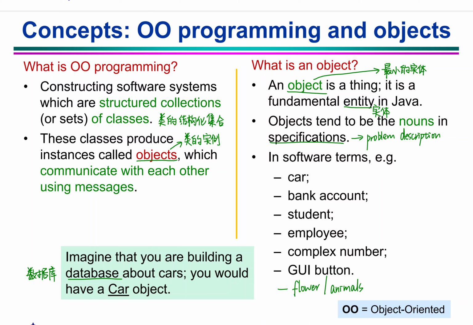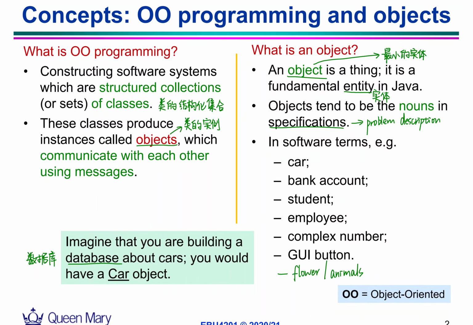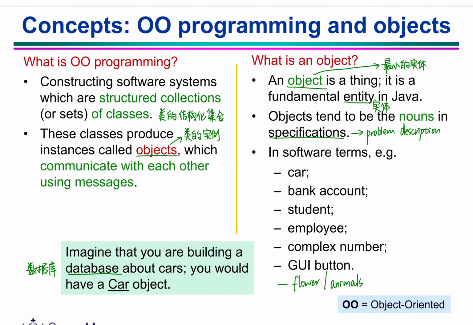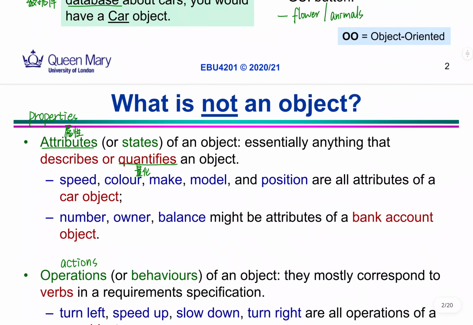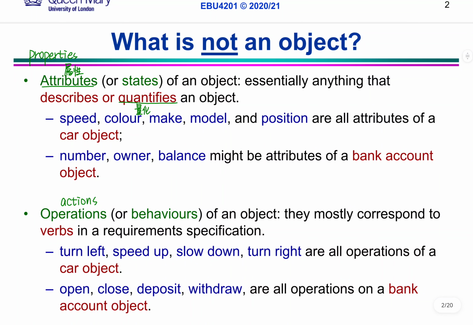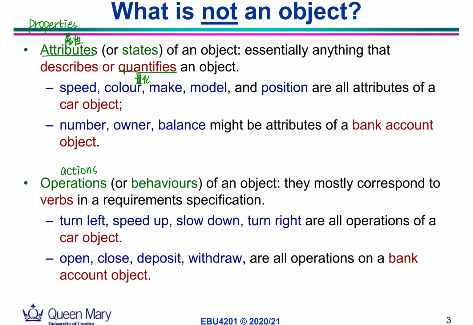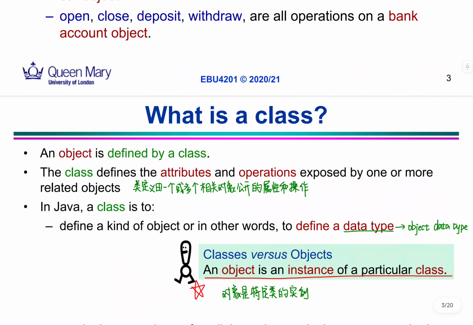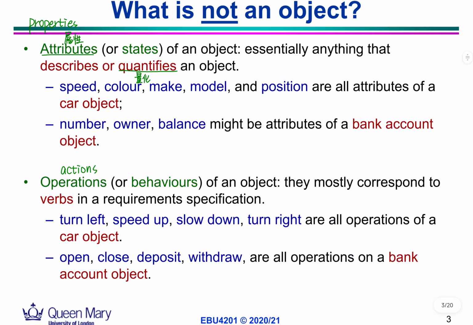It can be described by attributes, properties, and statements that describe or quantify it. Operations are like methods, and attributes are descriptions. An operation is a method that does something to change some attributes.